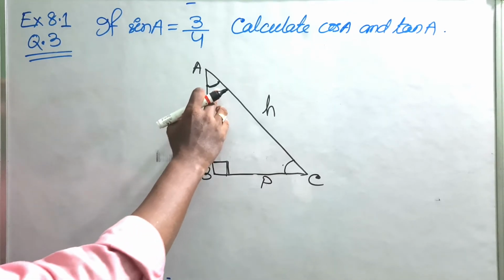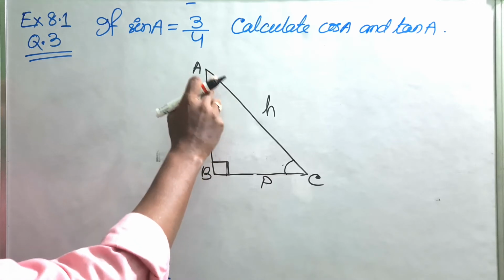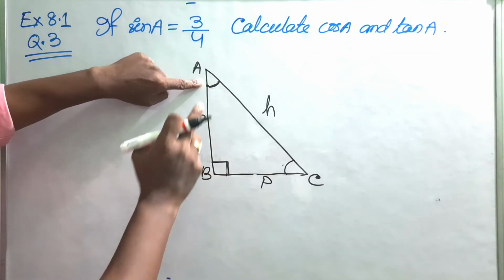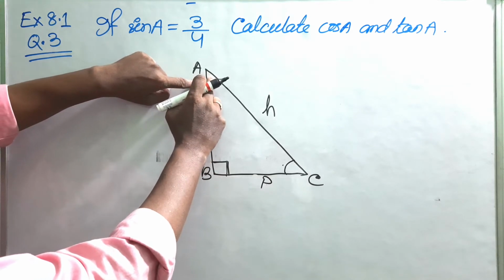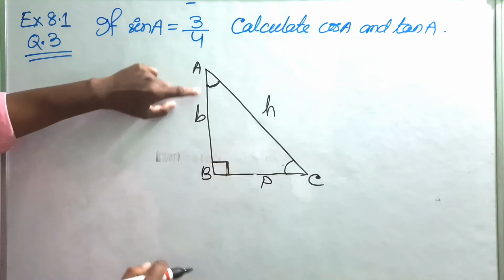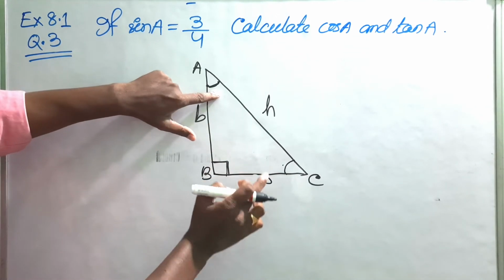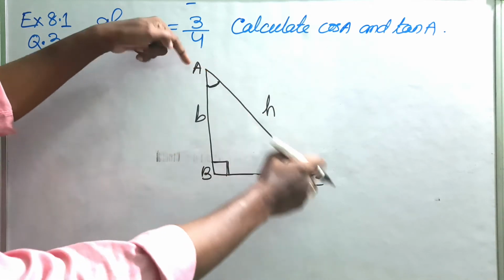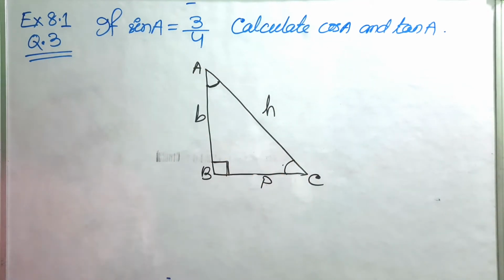So when an angle is given like this, A, that means we are taking angle A into consideration. So the side included between this angle and the right angle is the base. Now the side opposite to this angle becomes P. And the longest side is always H, the hypotenuse.